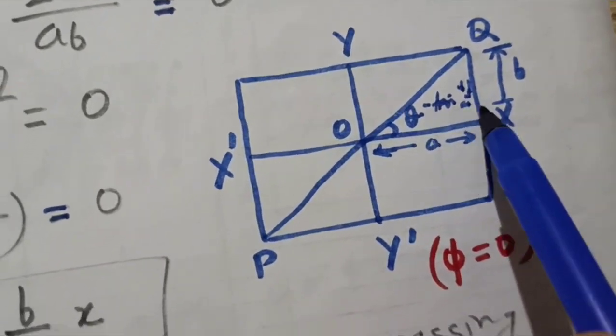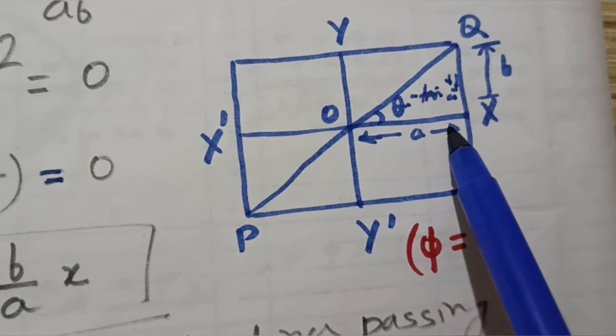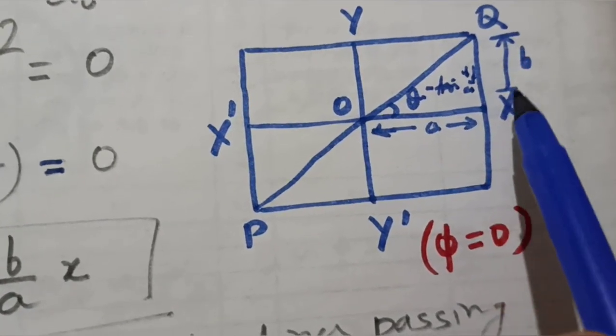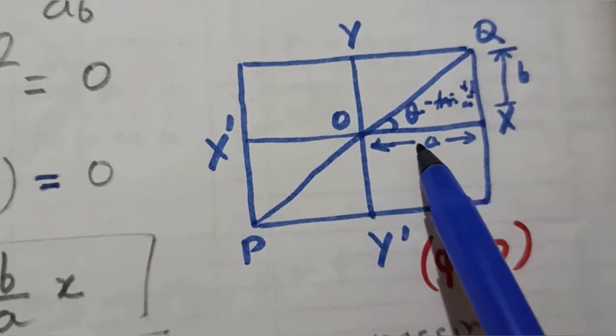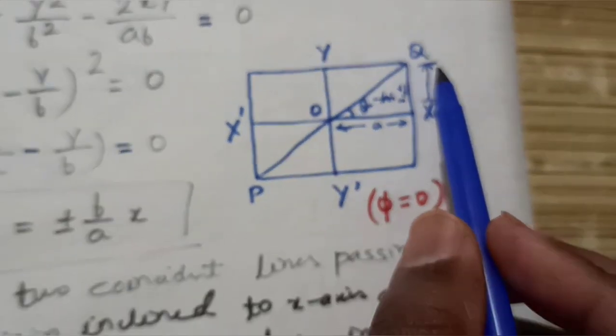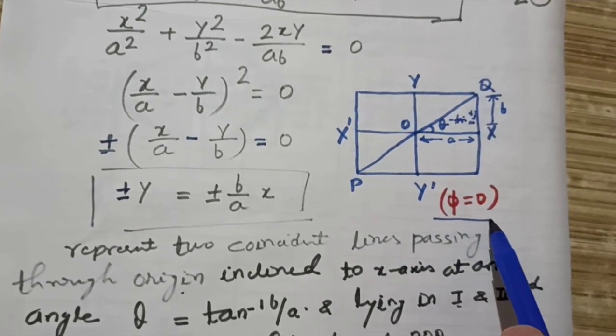Here this is A, because the particle has amplitude A on the x-axis, and here it is B. So this is for the case phi is equal to 0.